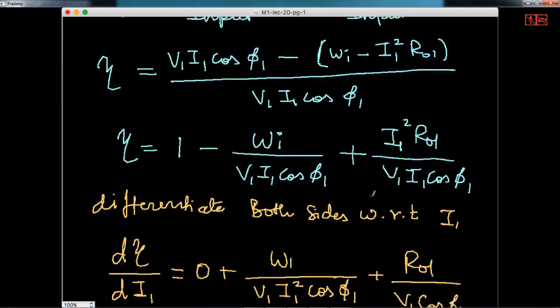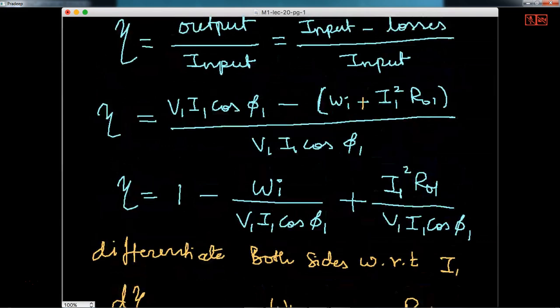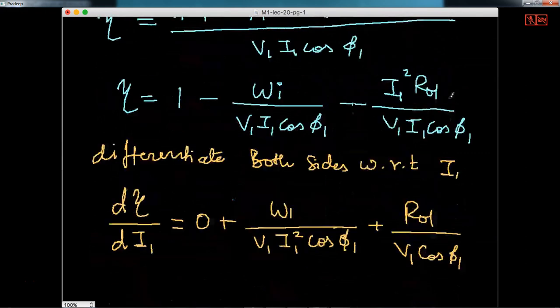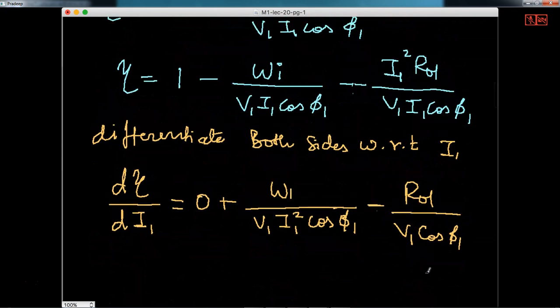Actually this is plus here. So if this is plus, then here it is minus sign. When you differentiate, here you will get minus sign. Okay, now it is correct. So just make a small correction.